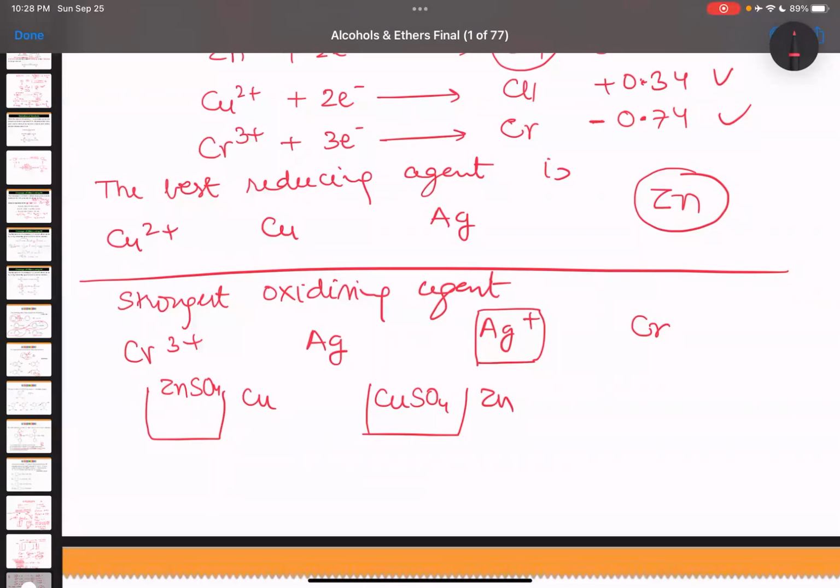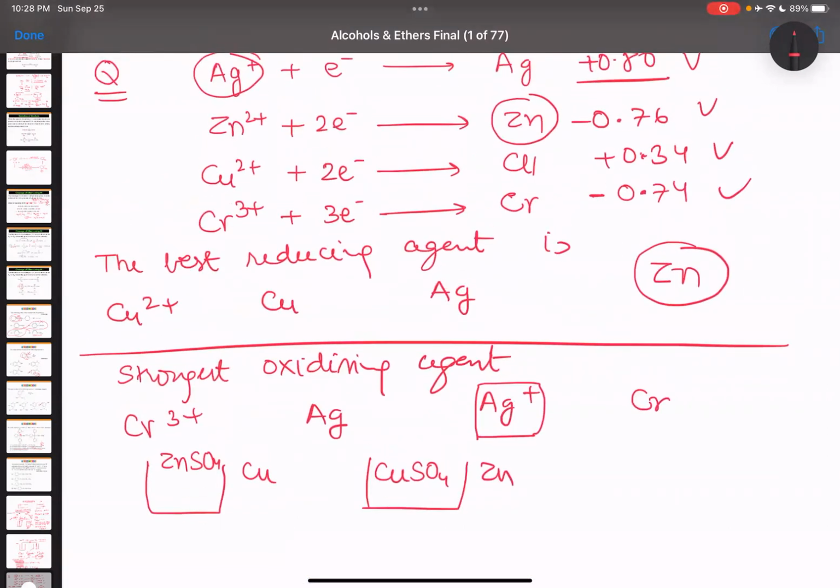Okay. So you have the values in front of you, just check it.